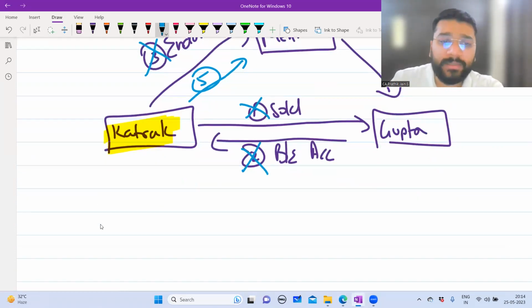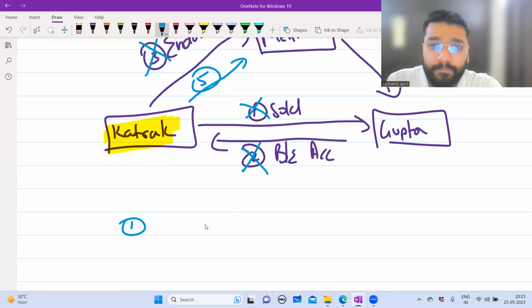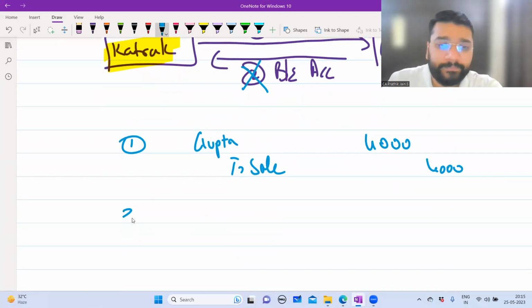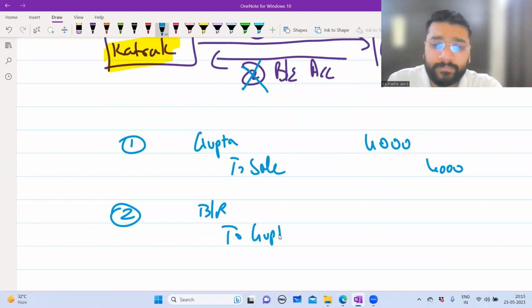What is the sale entry? For Katrak sale, what is the sale entry? First, Gupta to sales. What value? 4,000. What is the second entry? Bills receivable to Gupta.